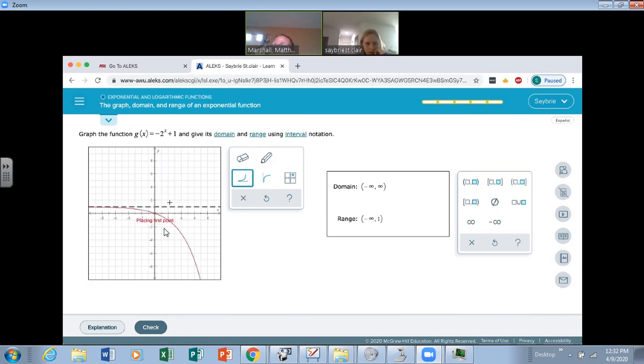And then the first point, go to 1, negative 1, over 1, down 1, almost there. Nope. Right 1, down 1, go back to the middle, and then from there, right 1, down 1. That's the first point. And then the second point is 2, negative 3. So right 2, down 3. That's too far.